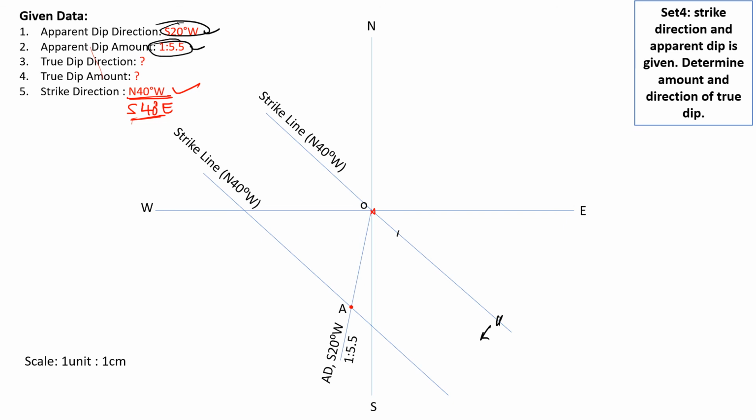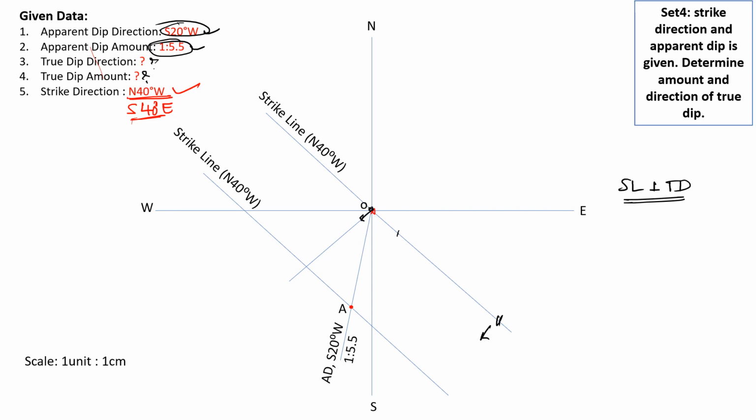We are left with the calculation of the true dip direction as well as the amount. What is the relation here? The strike line and the true dip direction are perpendicular to each other. So we plotted a perpendicular line from the point O to the strike line.